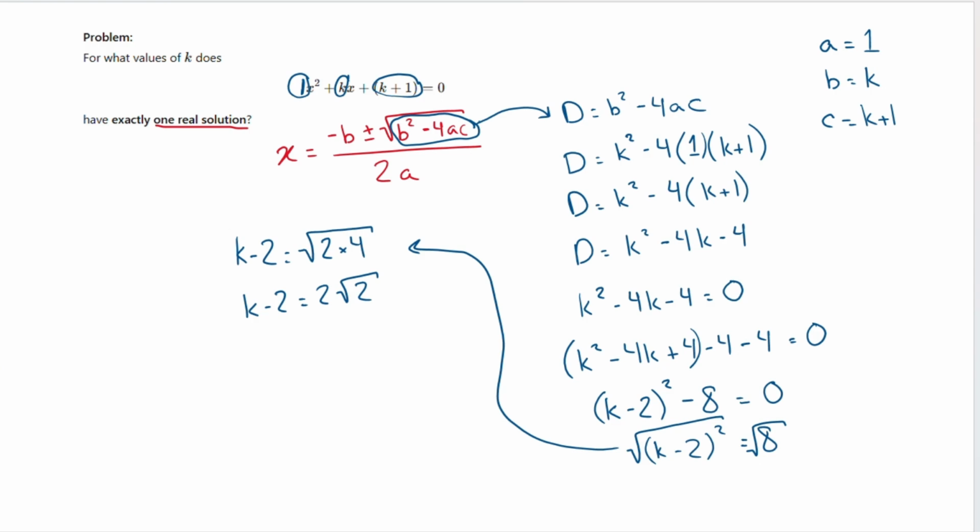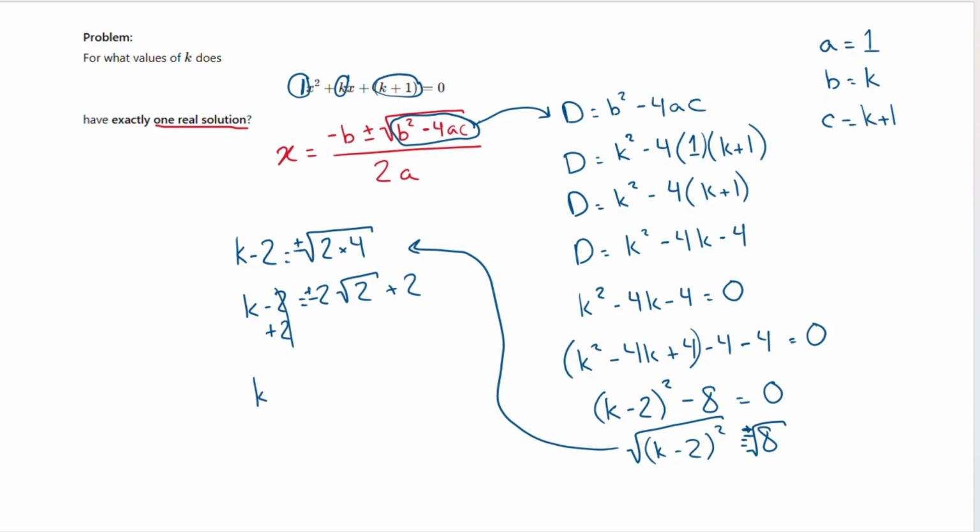And you take the positive or negative square root. You have to really focus on that, because that gives you all values of k, not just one value of k. So this is going to be positive or negative 2 square roots of 2, and now you add 2 on both sides.